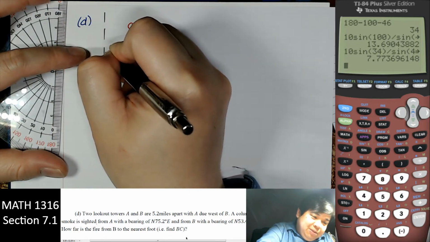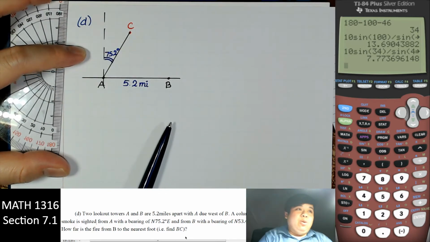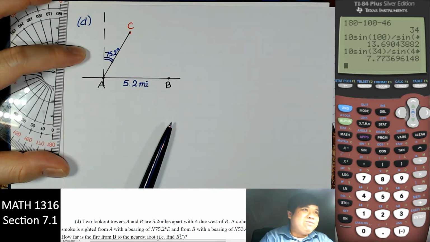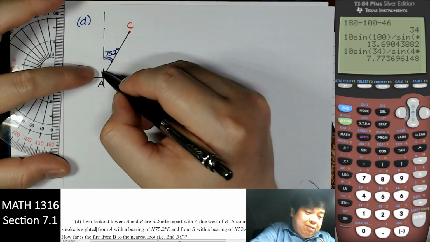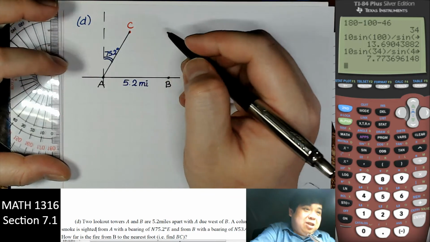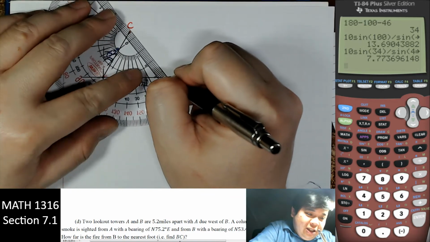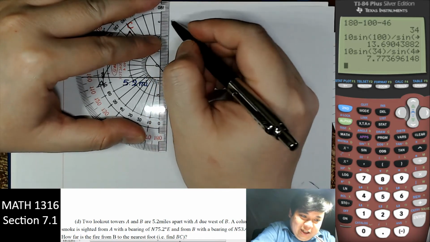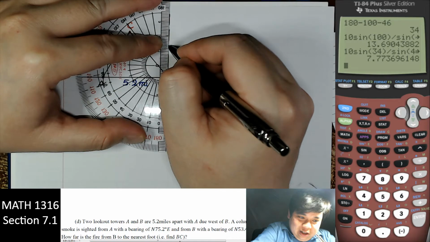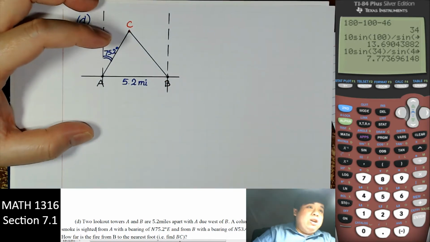Sorry, the graph here is a lot better. That should be a lot bigger than this. And then from B, it doesn't really matter. What matters is just putting the information in.